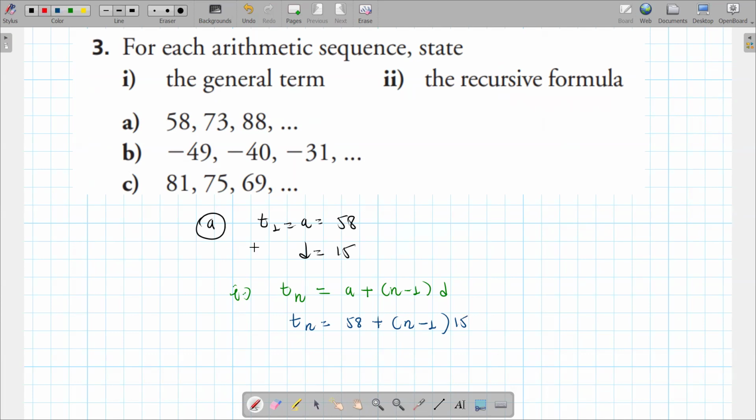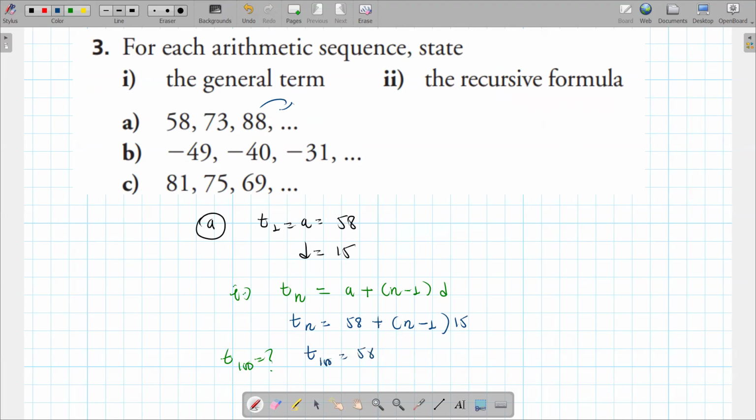Now, how does this help you? Let's say for this sequence, the question asks you, what's the 100th term? T100 equals what? Well, you could manually keep adding 15s, 100 times, which is dumb. Or you can use this formula here.